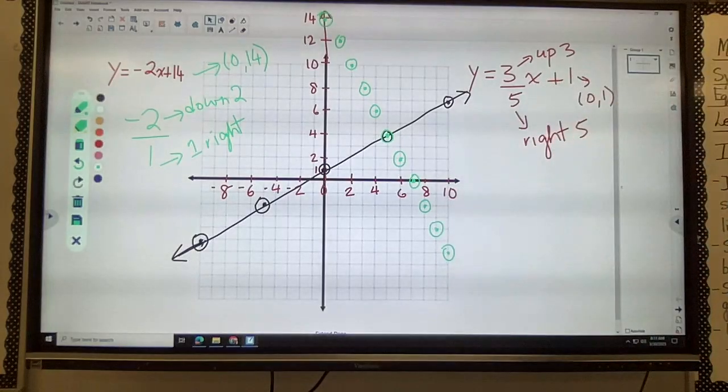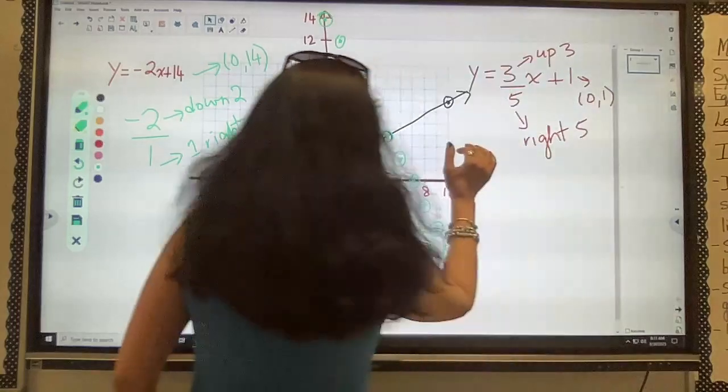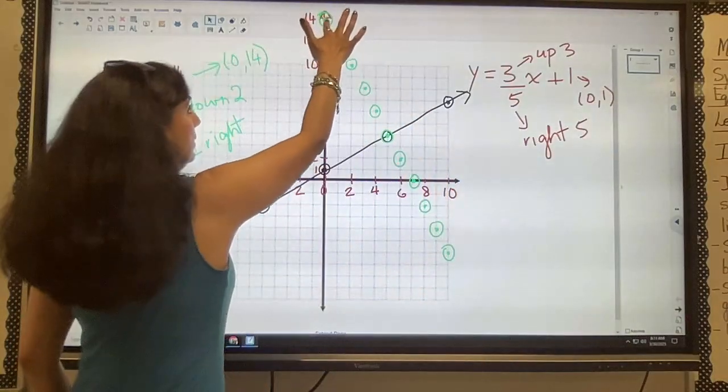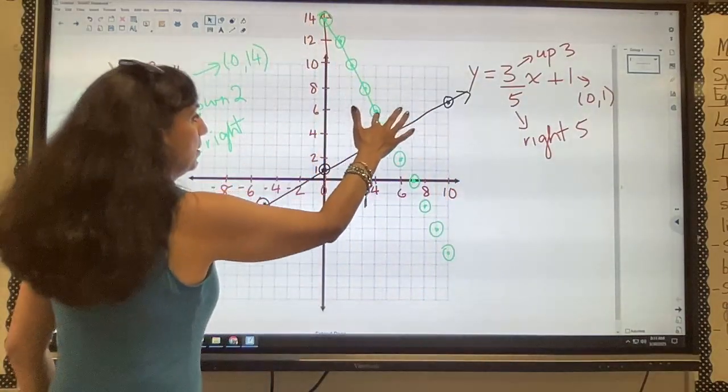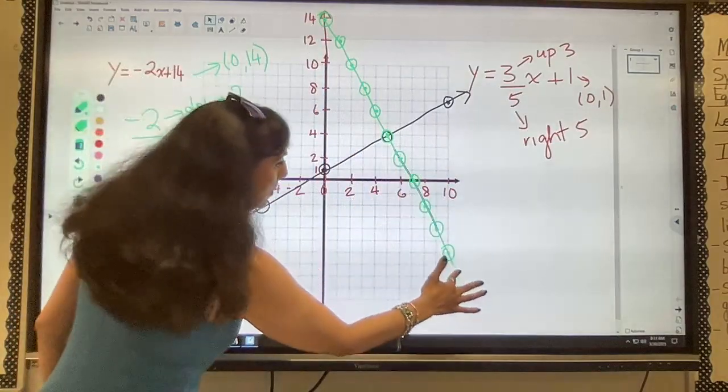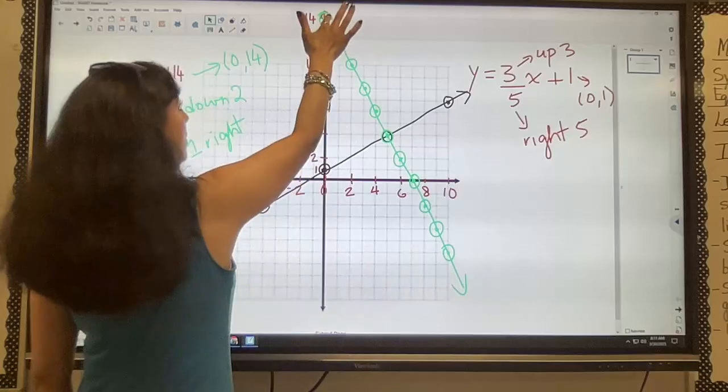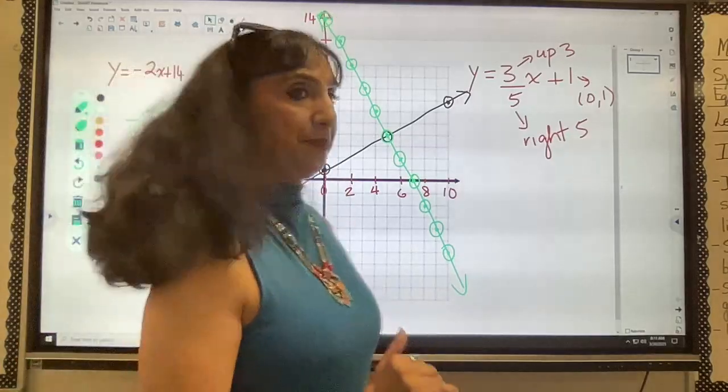With 2 down and going right 1, I am now going to connect the points, and there is my line.